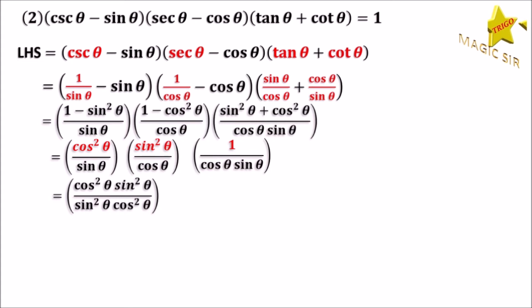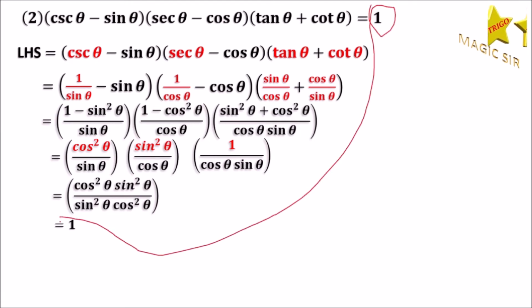Here cos square theta into sine square theta cancels out, leaving us with LHS is equal to 1. Comparing with the right hand side of the given equation, we can say that left hand side is equal to right hand side.